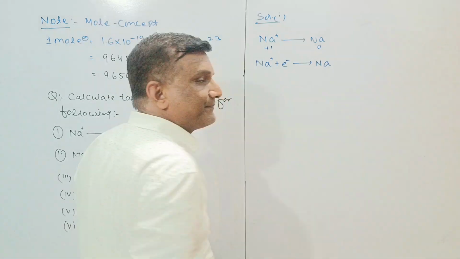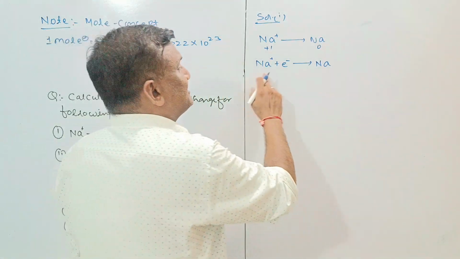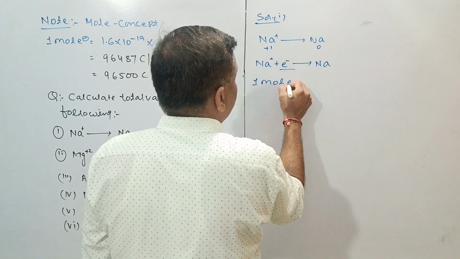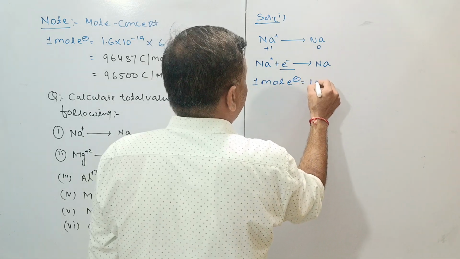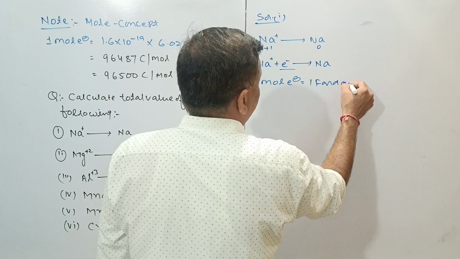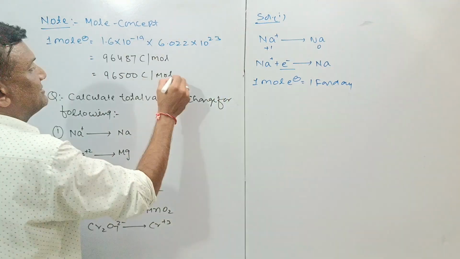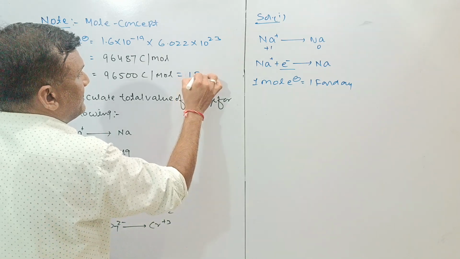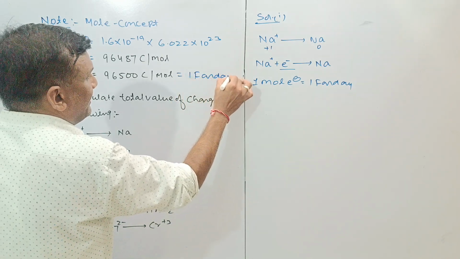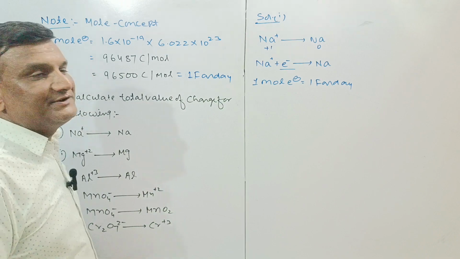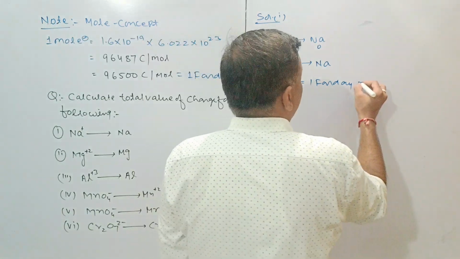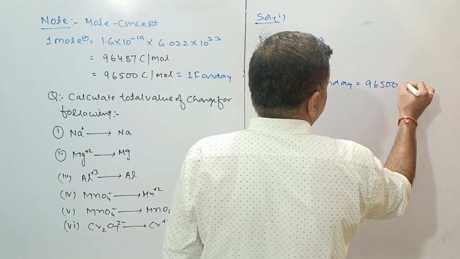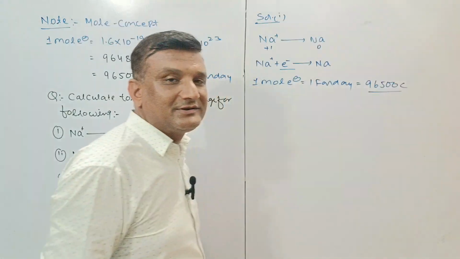For this reaction we require 1 mole of electrons, which you can say is 1 Faraday, because 96500 is equal to 1 Faraday. If anybody asks how much the value of the charge will be, you can say 1 Faraday is equal to 96500 coulomb, the total value of the charge.